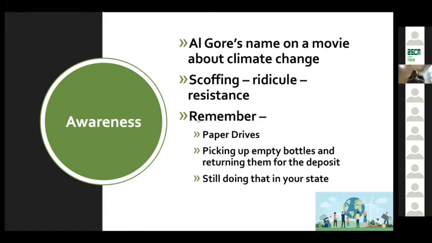You may remember that Al Gore won a huge award for his movie about climate change. At the time, there was a lot of scoffing, a lot of ridicule. There was a very strong resistance to what he was talking about, and people were saying, "Oh, this is all new.